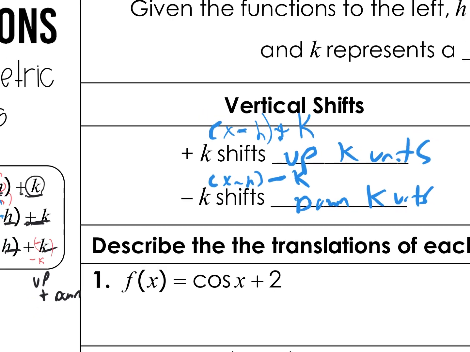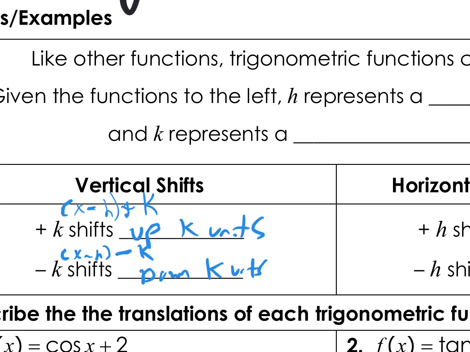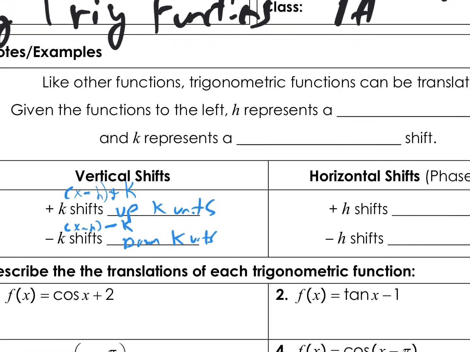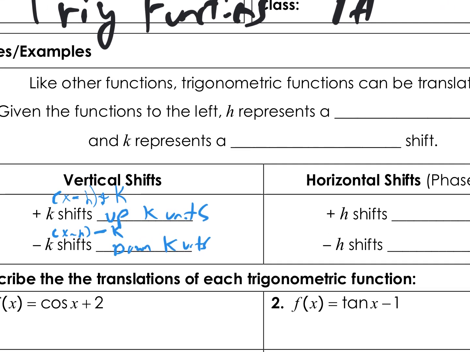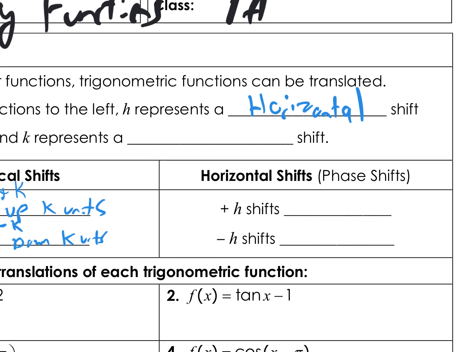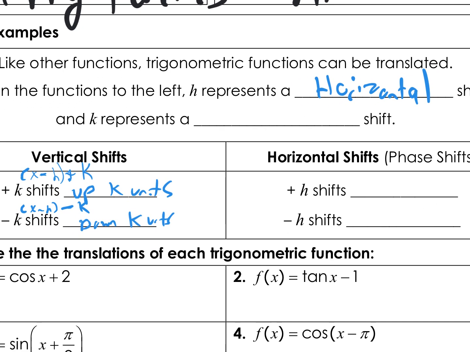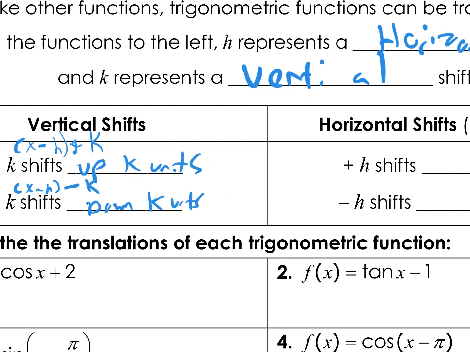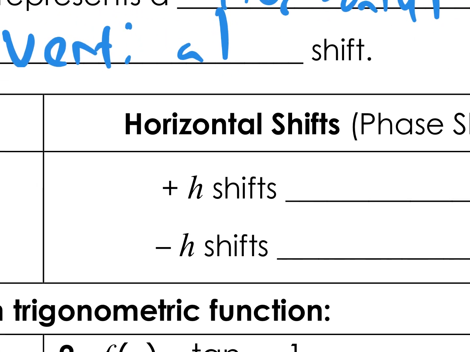The harder part, I guess I didn't fill in these blanks. H represents a horizontal shift, and the K represents a vertical shift. I guess since I already talked about them, I didn't think about these blanks. So I just got done doing the K's vertical. Now pay attention here. These are the hardest.